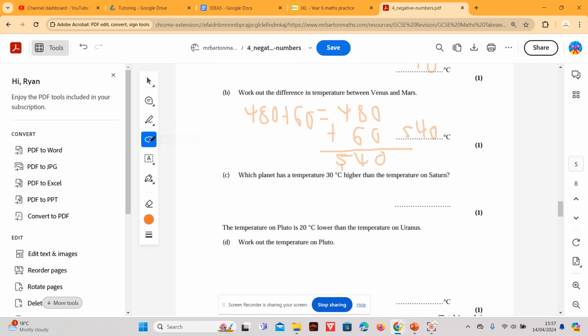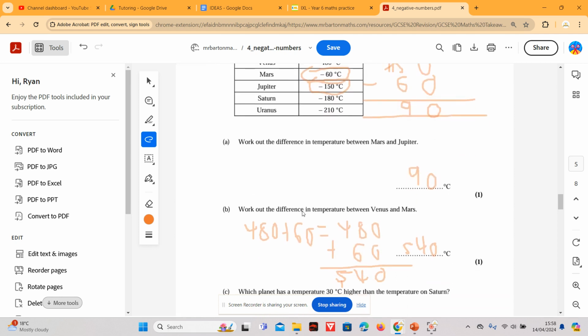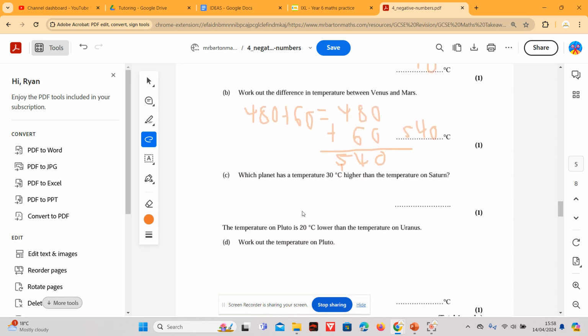Which planet has a temperature 30 degrees higher than the temperature on Saturn? So Saturn's temperature is minus 180. Now, if you remember, when negative numbers get larger, the value becomes smaller. So if we do 30 degrees higher than 180, we'd work the opposite way.